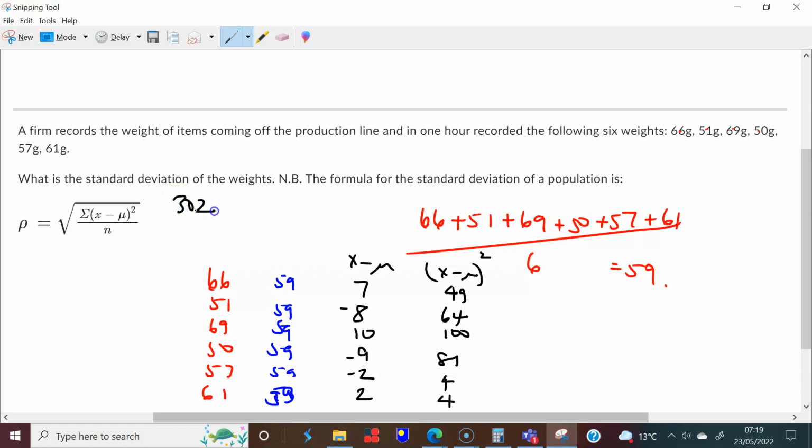I get 302 divided by the number of entries, 6, and then find the square root of that, and I get 7.09. It's possible in my adding I might have been wrong, but that's the process: square all of that, add it together, divide by the number of entries, and then find the square root of that. That is question 2.